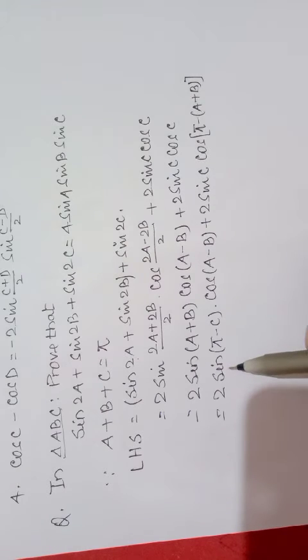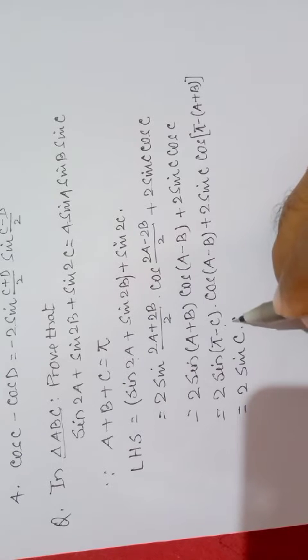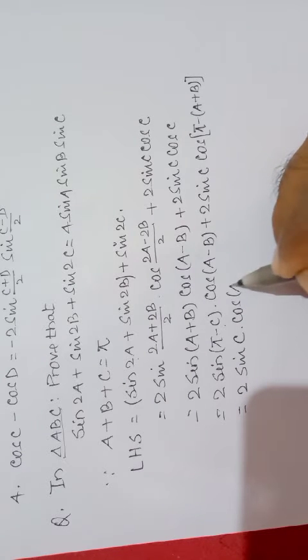Now sin (pi minus C), sin (180 minus theta), that is sin theta. So we have 2 sin C into cos (A minus B).